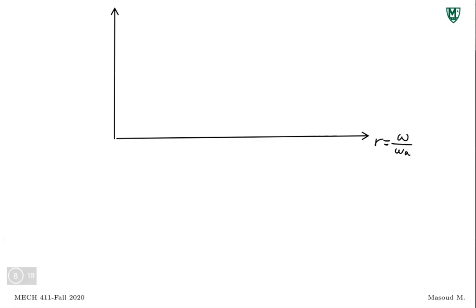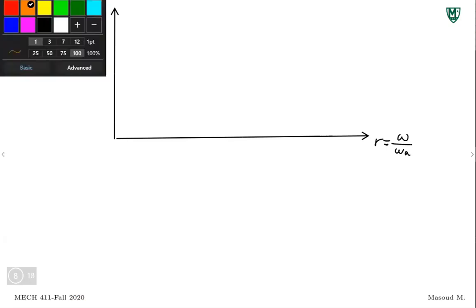Remember, we had a frequency ratio for base excitation and for rotating unbalance. There was always a relationship between excitation frequency and some frequency. In this case, I used omega A. In those cases, it was excitation frequency over natural frequency. And on this side, I plot the absolute value of xk over F naught.